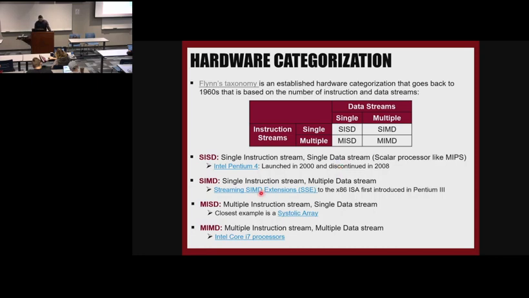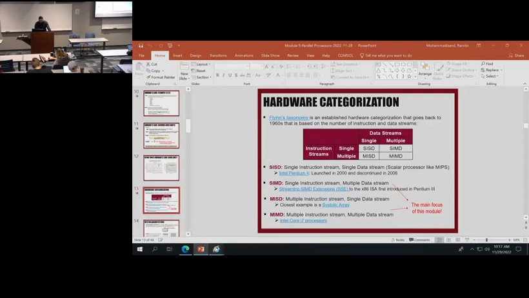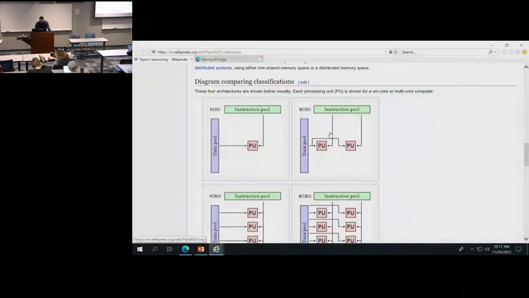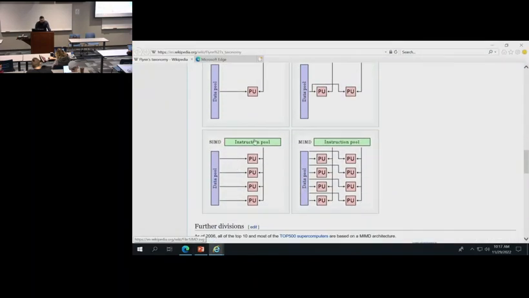Now, the next type of architecture is single instruction stream, multiple data streams. I want to go back and forth with these figures. What it means is that you're running the same instruction on different data. A good example of this is the systolic array, the TPU. How many of you have heard about the TPU? That's the tensor processing unit.